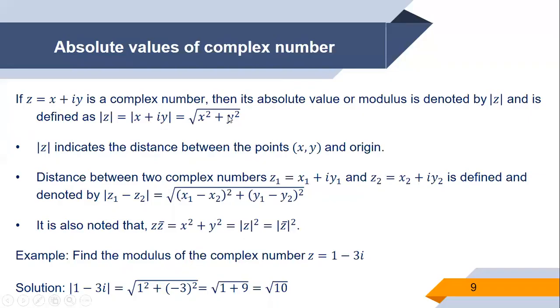So if we find the absolute value of any complex number, we use this concept: the square root of real part square plus imaginary part square.